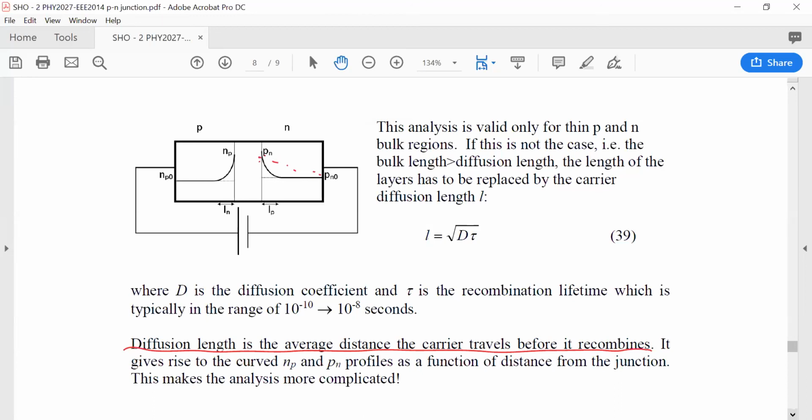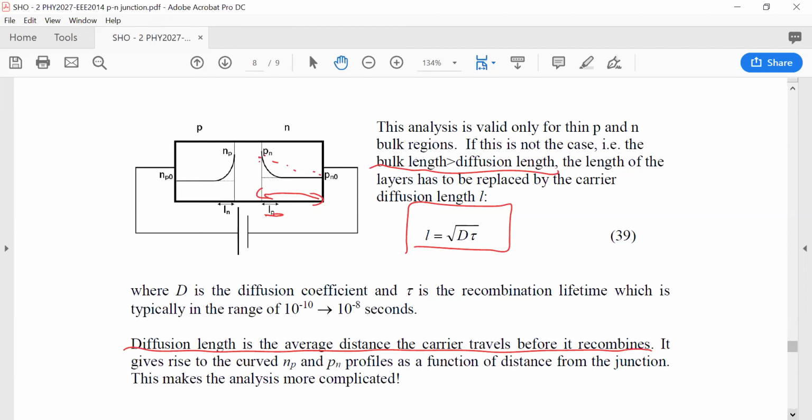So clearly, when we look at the diffusion length, we've taken it that the carriers will travel the length of the bulk. But in fact, that's only really true if the bulk distance is quite small. In fact, if the bulk distance is longer, in other words, the bulk length is longer than the diffusion length, you need to replace this distance of the bulk with this distance here, which is related, in fact, to the diffusion length.